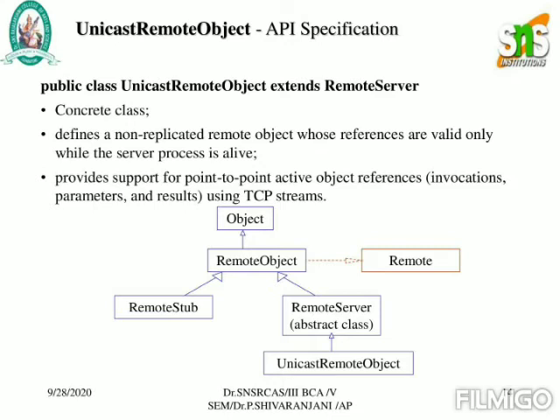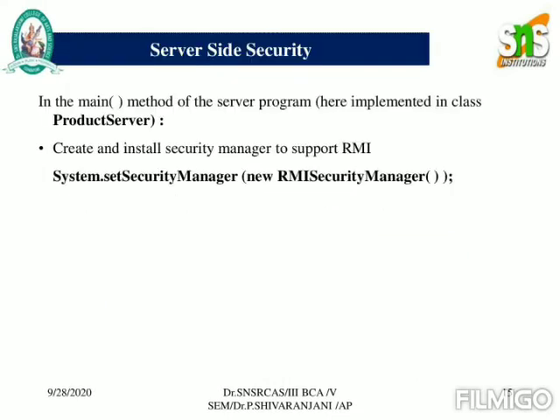First, you have to create the classes. Then you have to define non-replicable remote objects whose references are valid only while the server process is alive. Then you have to provide support for point-to-point active object references, invocations, parameters, and results using TCP streams.